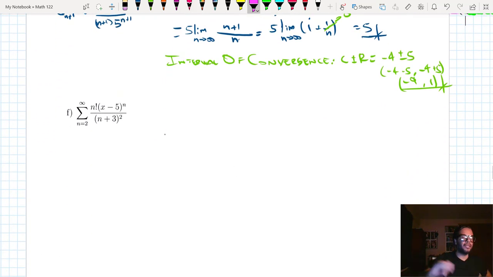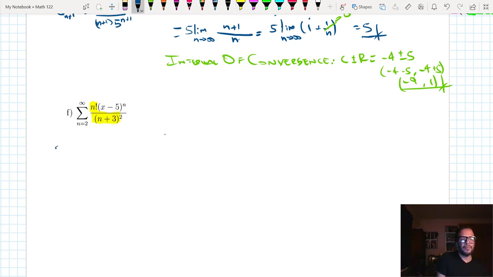Let's do one more and then we move on to Taylor series. So number 1, let's identify the general term right here. In this case, a sub n will be the factors that do not have an x.